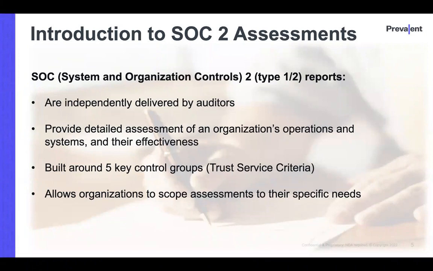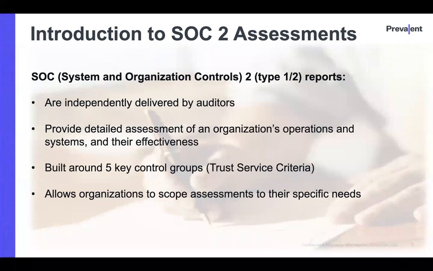So there's a series of control groups that the auditors use to validate against the organization. But it's important to note at this time, and as we'll see later on through the webinar, that it's not always necessary for every control group to be assessed against a particular organization. When it comes to scoping out your assessment, SOC 2 allows organizations to very much tailor the assessment based on their product and service delivery.